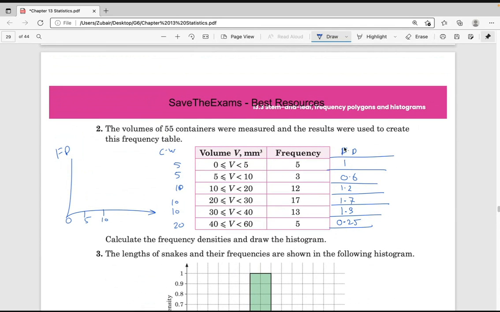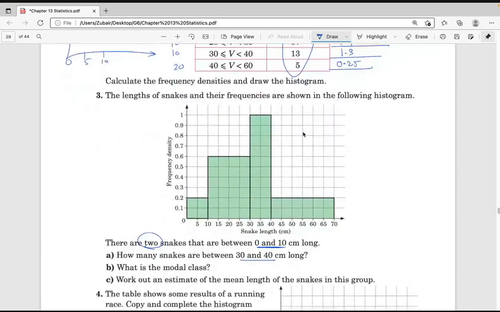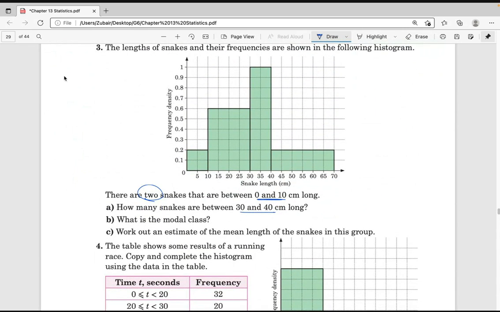Frequency density was plotted because the classes were uneven. Frequency is the real count, the exact count. Use the same formula, frequency density equals frequency over class width.